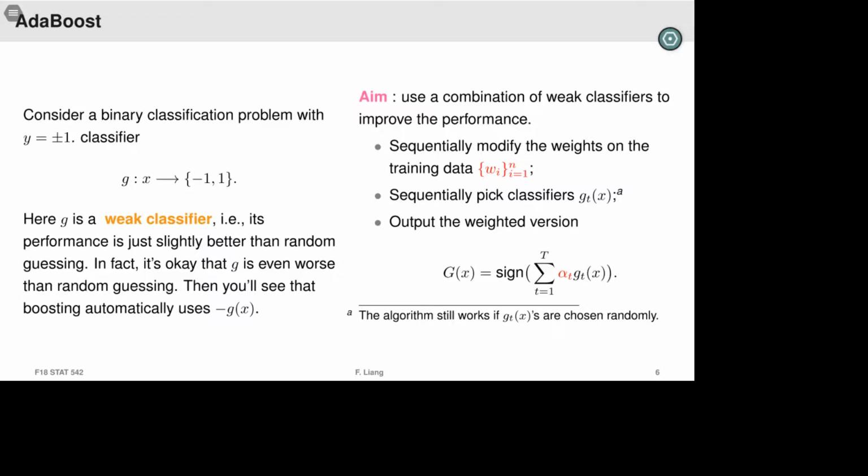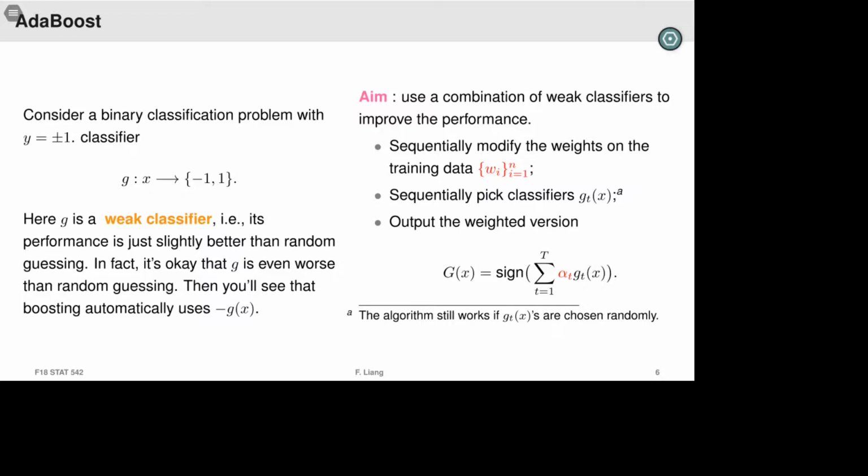So the goal is to try to find a way to combine those kinds of weak classifiers to improve the performance. So what's the overview of the algorithm? We're going to sequentially modify the weights on the N training data. So W1 through Wn, those are the weights we assign to the data. We're going to sequentially update this W. And then at the t-th iteration, we're going to assign some weights to the N data points. And then we're going to pick a classifier.